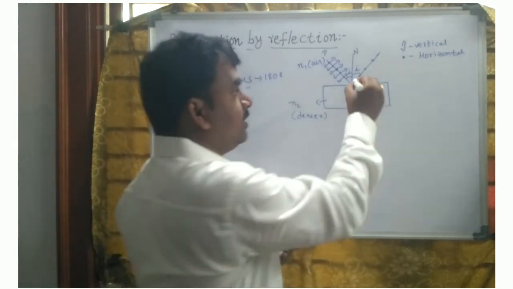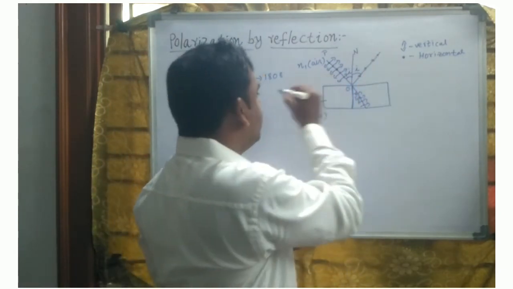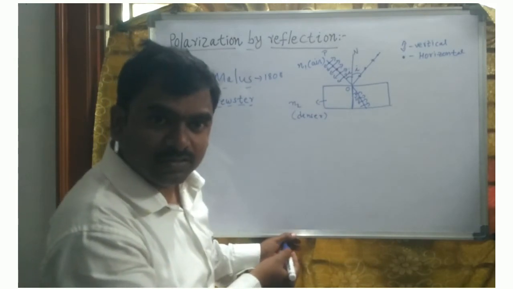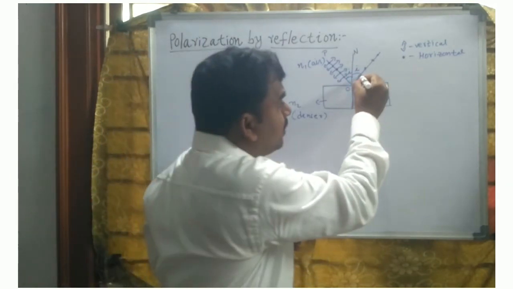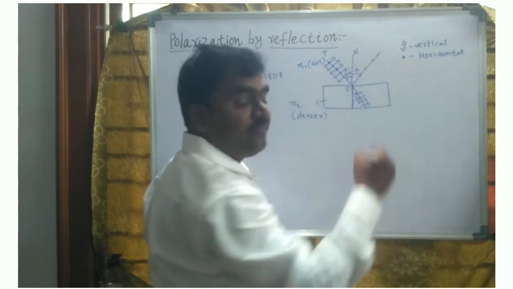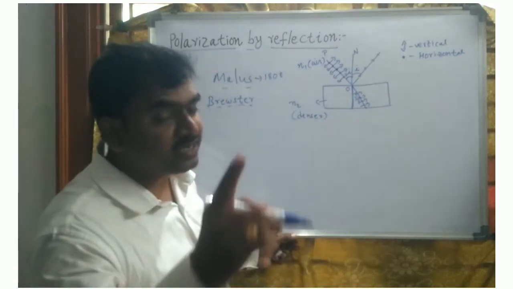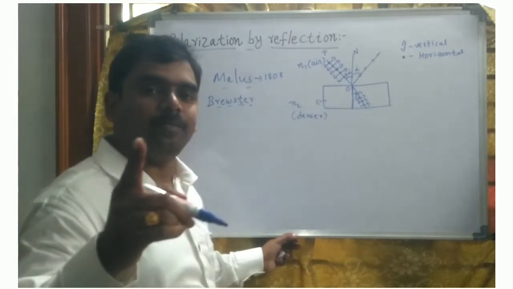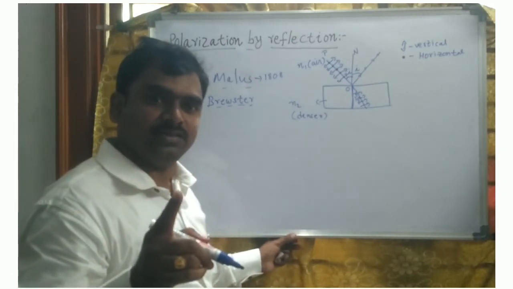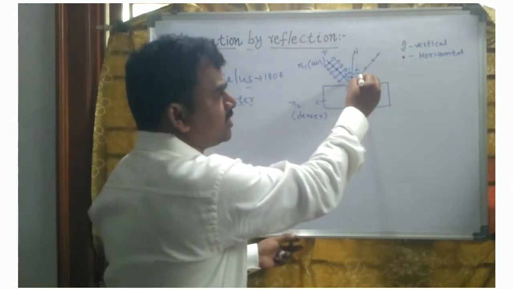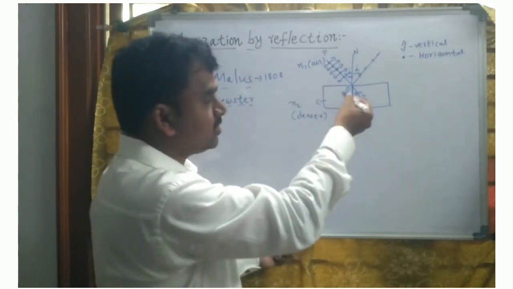That means in the reflected beam, the vibrations of the particles are confined to only one plane. Then that light we call polarized light. Now this is the angle of incidence, and it is also equal to the angle of reflection.